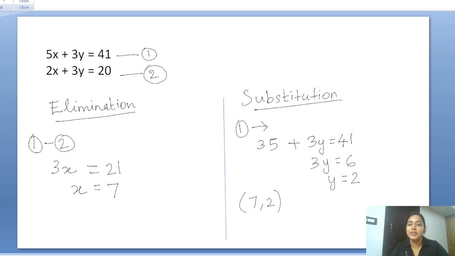Elimination means we are eliminating one of the variable terms, either x term or y term, from the two equations. And substitution means we are substituting the remaining variable by the value of the variable we have got. Okay, so those are the two steps in solving simultaneous equations.